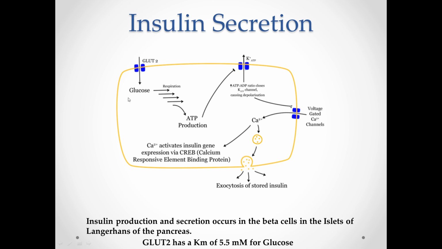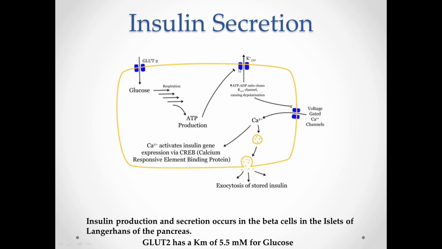And so insulin regulation and secretion occurs in the beta cells of the islets of Langerhans in the pancreas. Upon increased glucose levels, glucose is transported into the beta cells, which is then subsequently metabolized for the production of ATP.